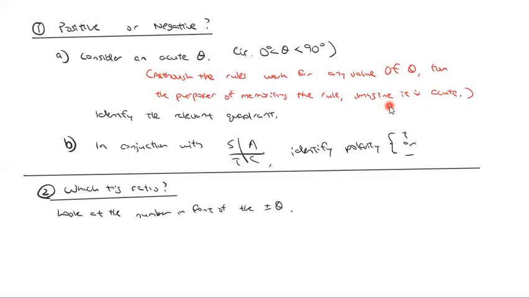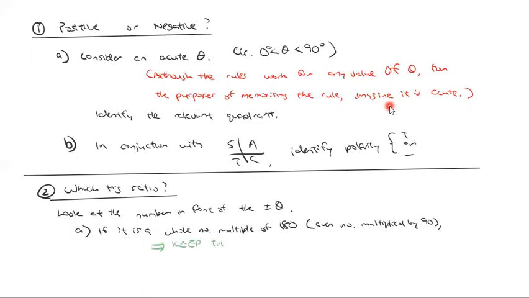Now, if the number is a whole number multiple of 180, otherwise, one other way you can think of it is it's an even number multiplied by 90, then your action is simple. Keep the same ratio.